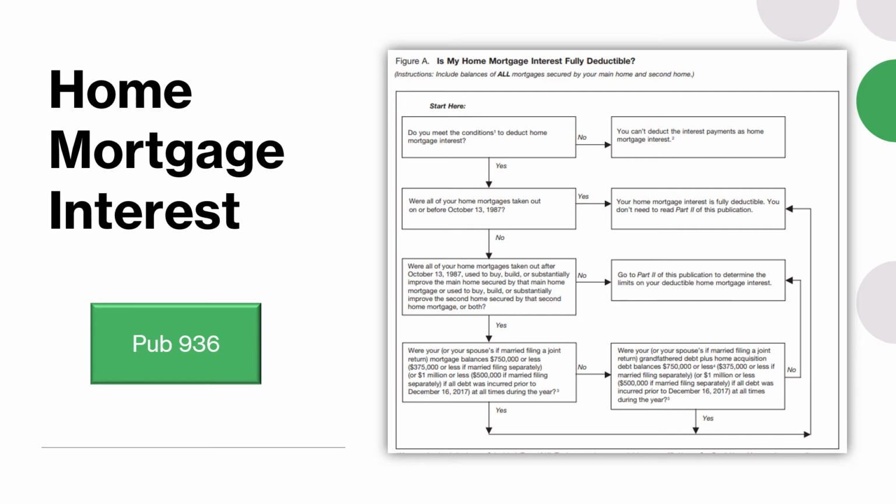So when clients come in and it looks like they're going to be itemizing, and home mortgage interest is part of that, one of the first questions we need to be asking them is, was this entire amount of the loan used to acquire this home, or to build it, or to purchase it?